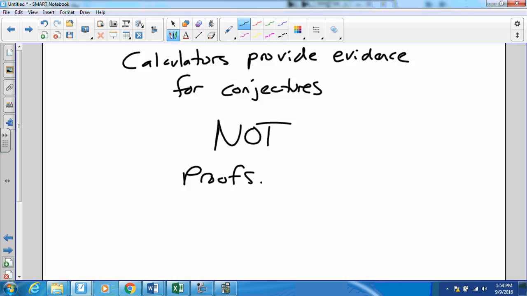The reason is that the calculator is not capable of showing me every single point. And so sometimes calculators lie. Calculators provide evidence for conjectures, but not proofs.